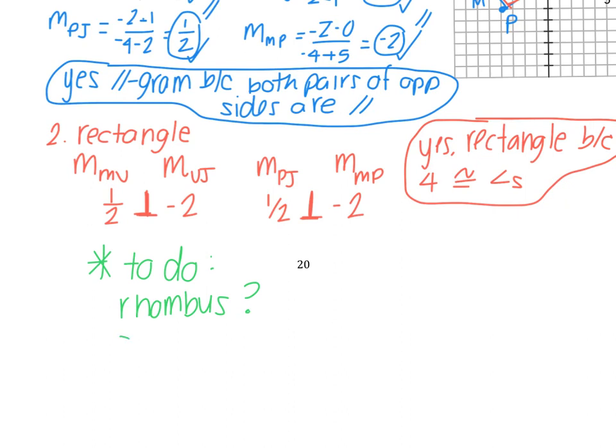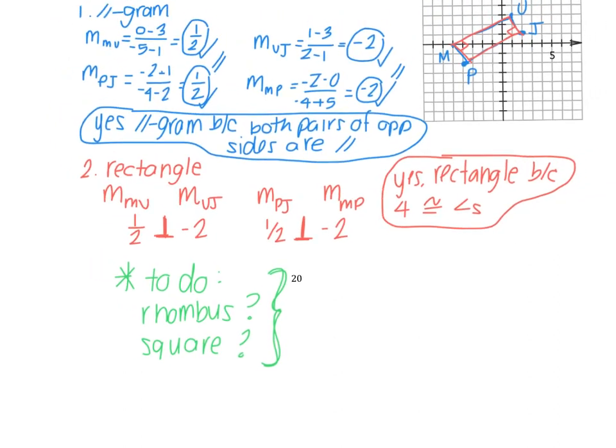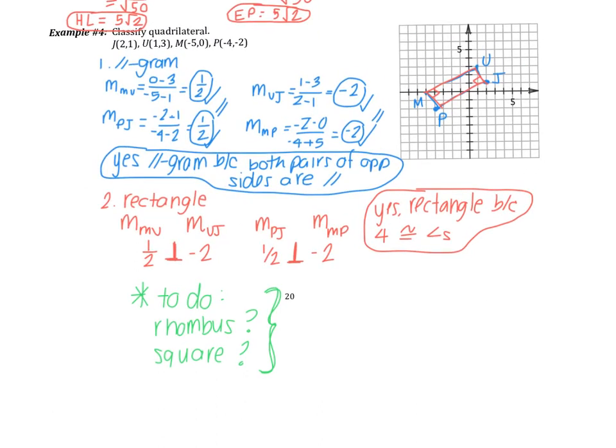If so, is it a square? Please show work to support here. We'll come to class tomorrow and make sure you have this right and tell me the overall shape of this quadrilateral. Is it a rectangle, rhombus, square? Good luck.